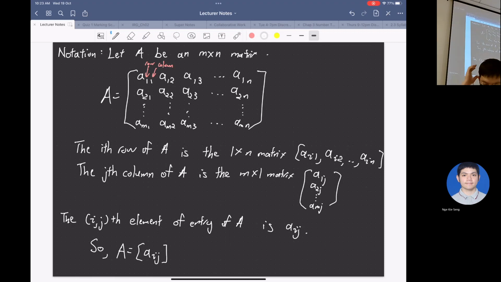If you want to specify the range of i and j, you can write it here, maybe i up to m and j up to n, to tell people how big your A is.